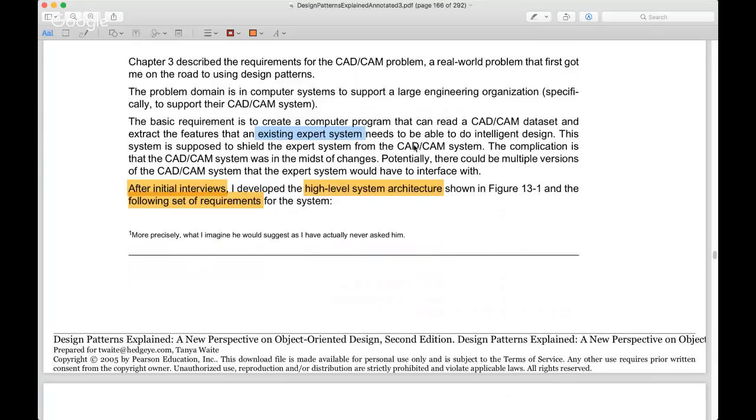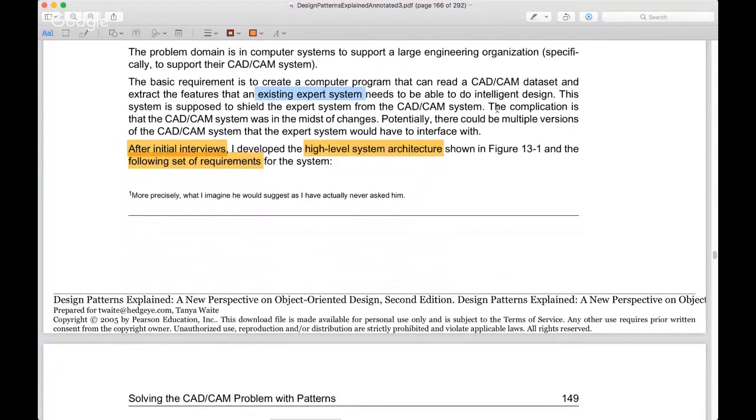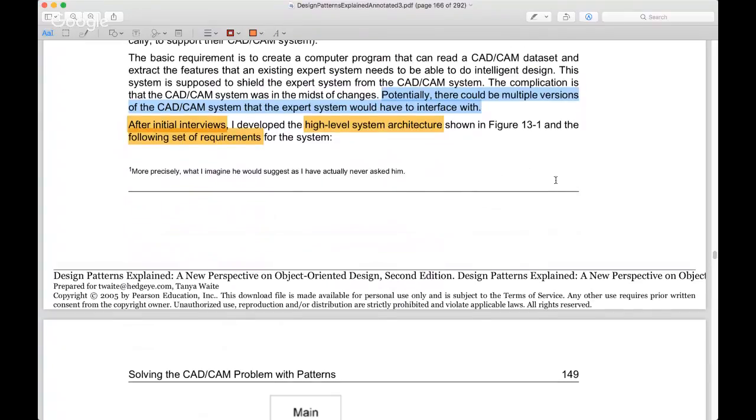The system's supposed to shield the expert from the CAD-CAM system. So the complication is that the CAD-CAM system is in the middle of changes, and potentially there could be multiple versions of CAD-CAM to interface to. So that's a primary part of the programming problem.